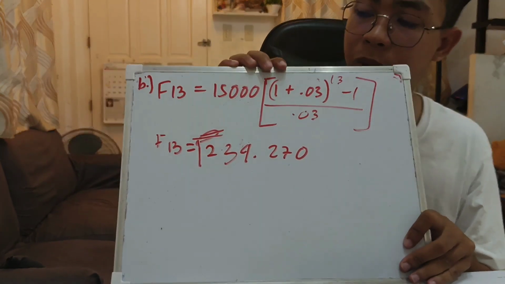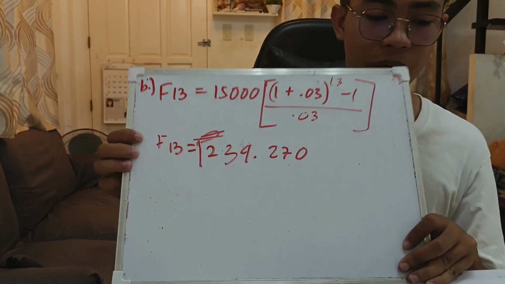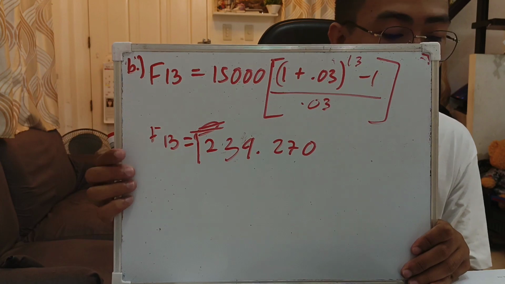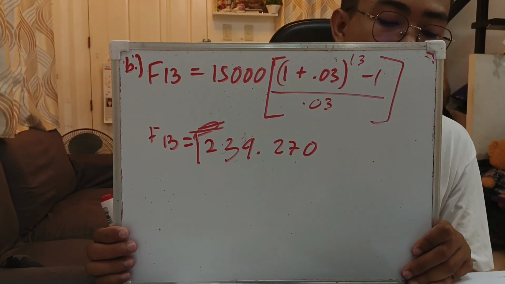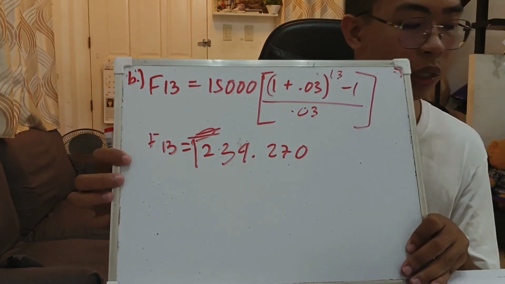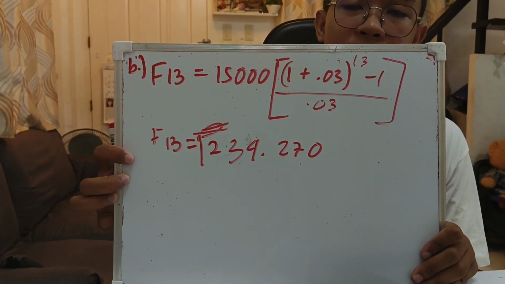So our F13, the amount that he must pay at the time the 13th is due to bring him up to date, is 243,270 pesos.